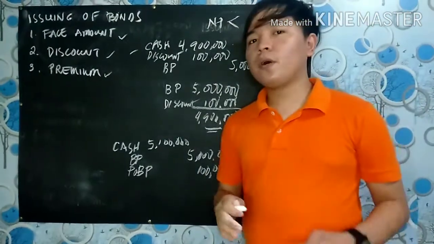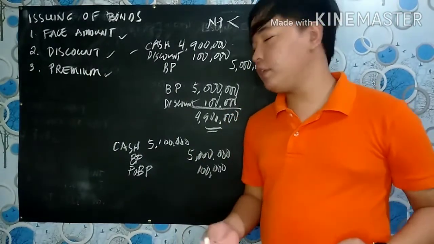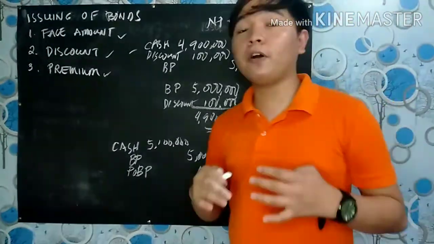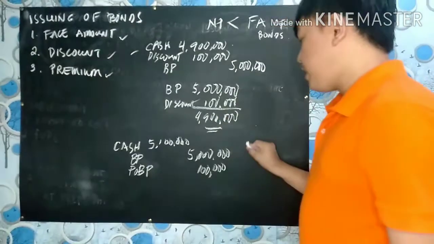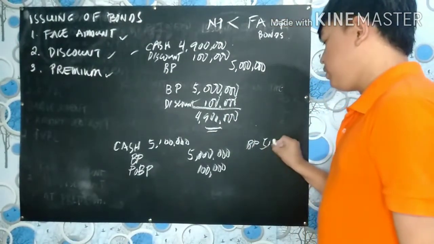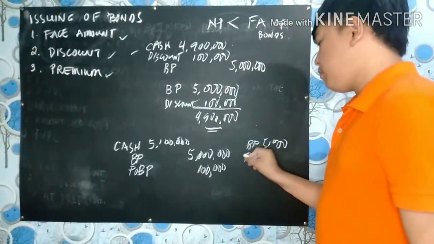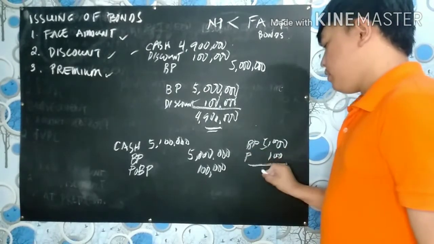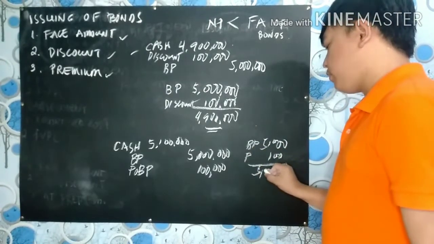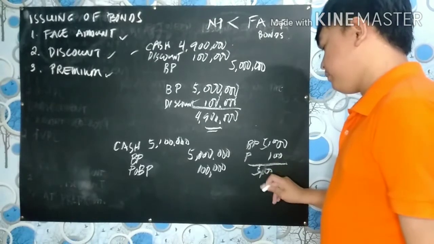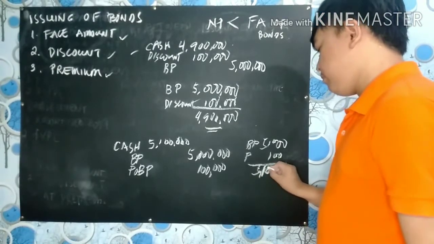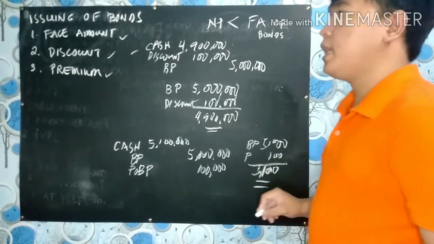Okay? So, at initial measurement, magkano yung value ng bonds? Of course, fair value or the net proceeds. So, bonds payable na 5 million, tapos premium na 100,000. So, the total initial carrying amount of the bonds is 5,100,000.